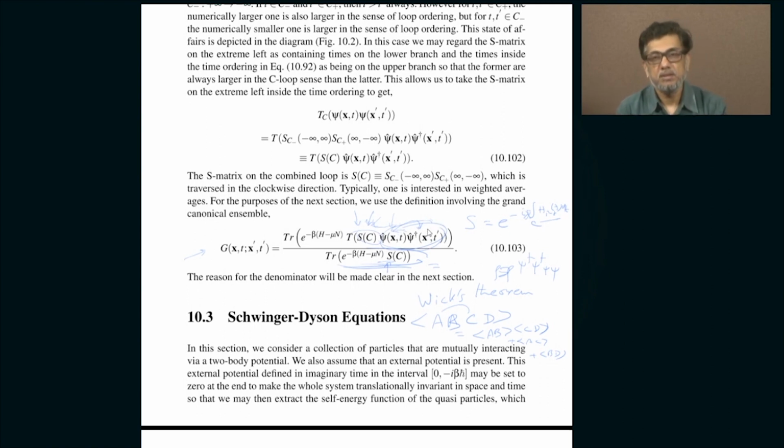If you omit those terms, then even though superficially it appears that the S matrix is there in both places, numerator and denominator, practically it's there only in the numerator.